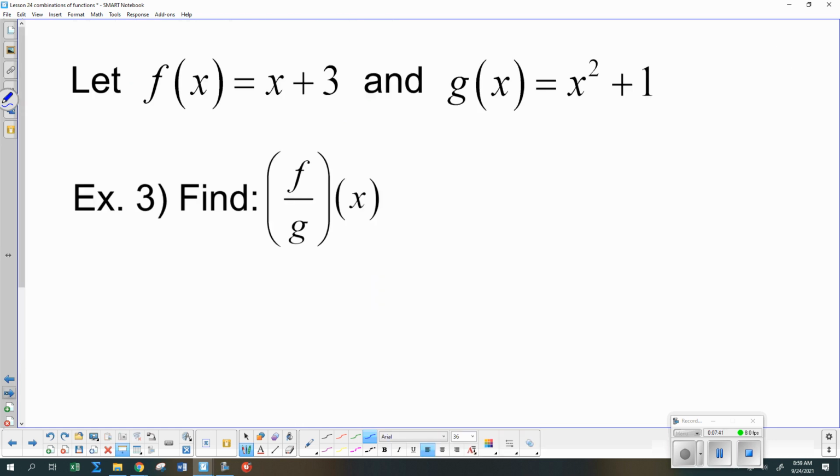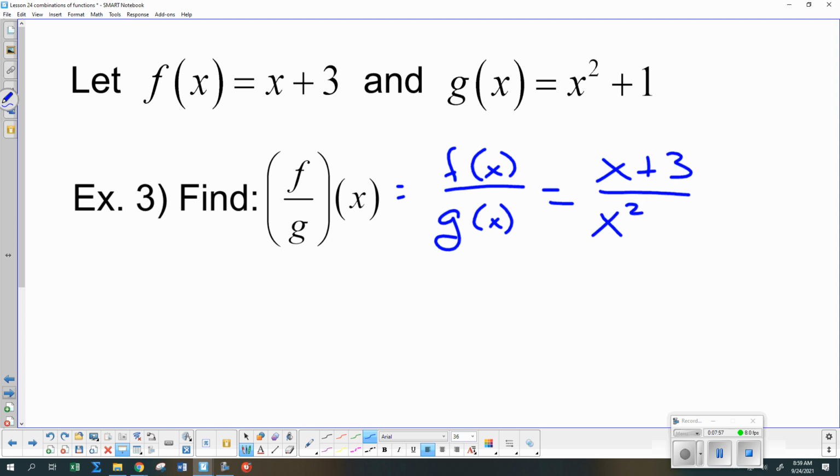Okay, let's do this one where we're dividing. So this one wants a rule with an x in it. So we're going to take the rule for f, put that in the numerator, the rule for g, put that in the denominator, and we have x plus 3 over x squared plus 1. This is division, so I need to ask myself a couple of questions.